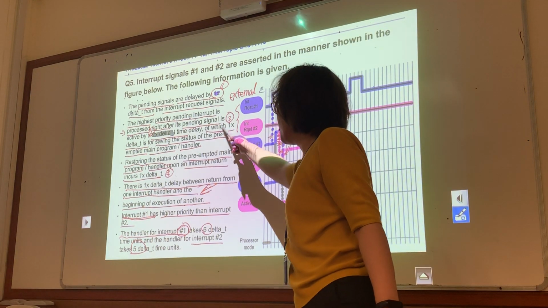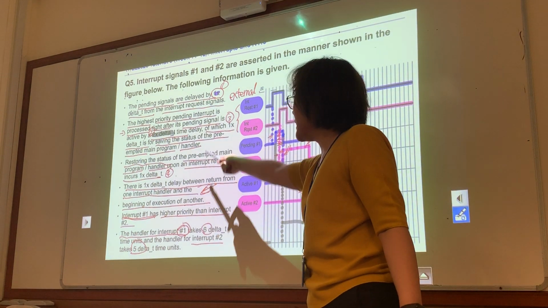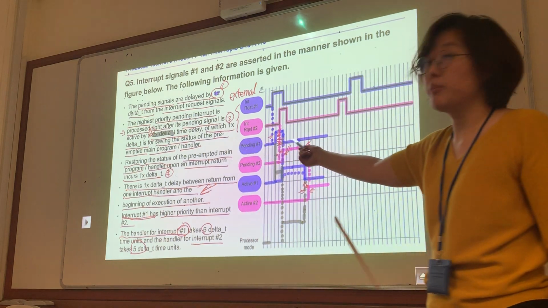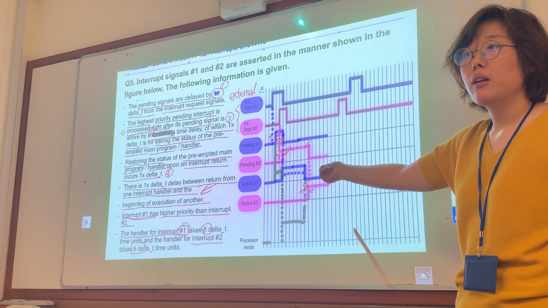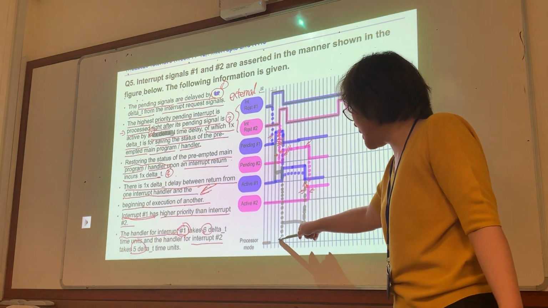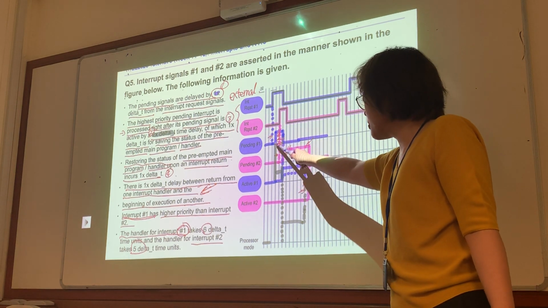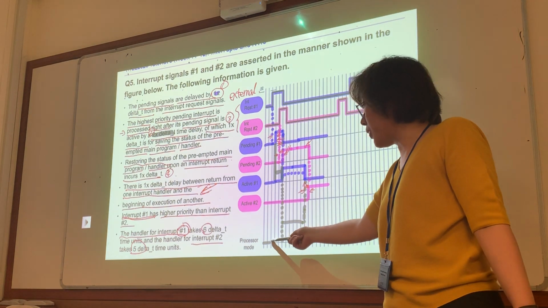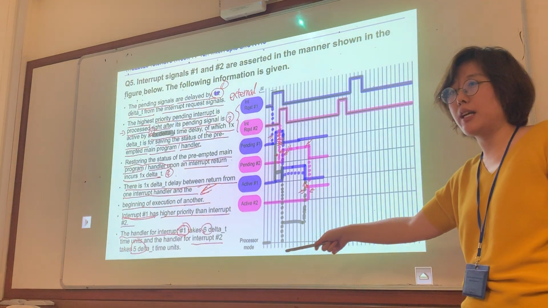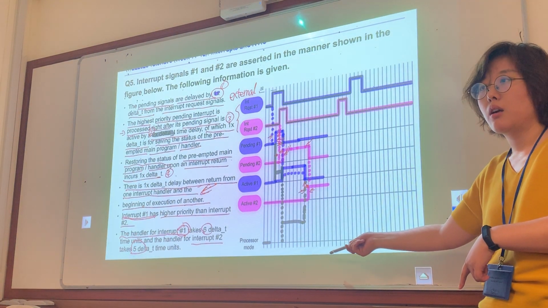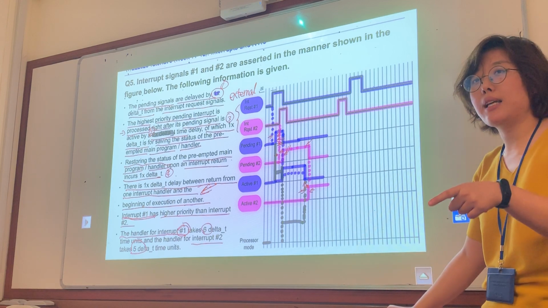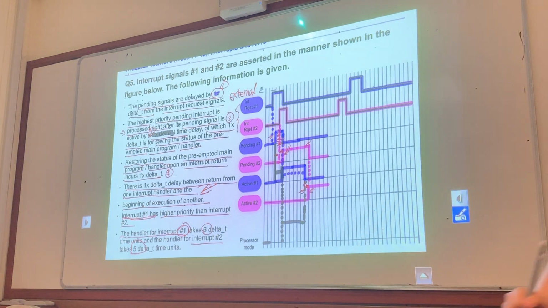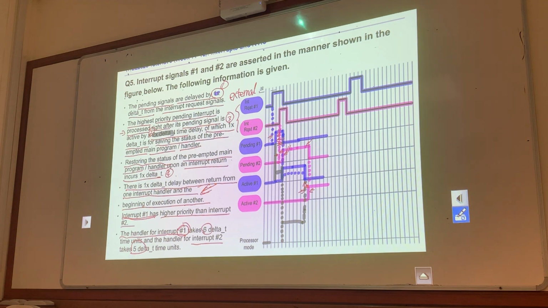And of which one of them is saving the status of the preempted main program. Okay? So these are the moments that you go from pending to active. And this is the moment your processor goes from the regular routine to your handler. Right? It will take 1 delta time delay. Right? So we can draw in this way.